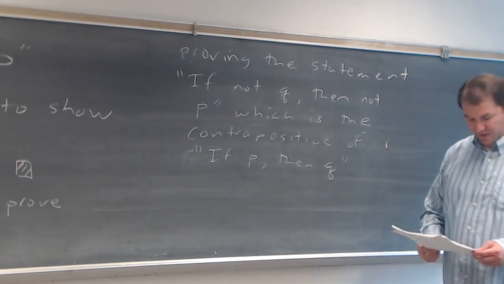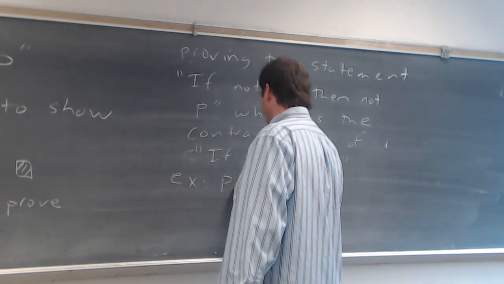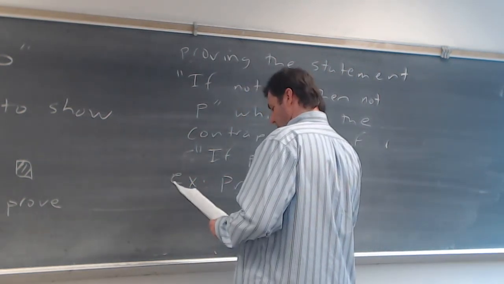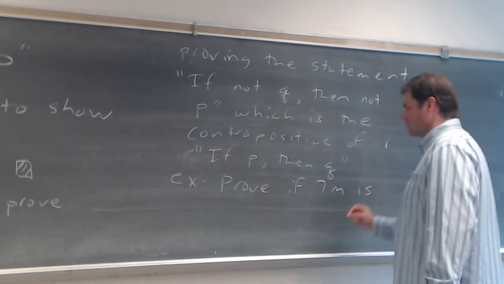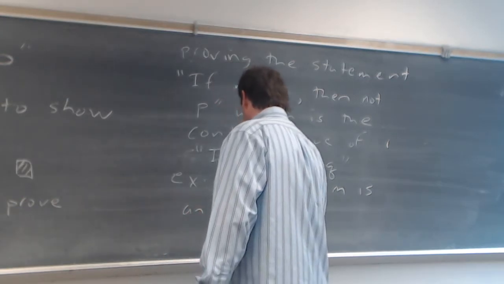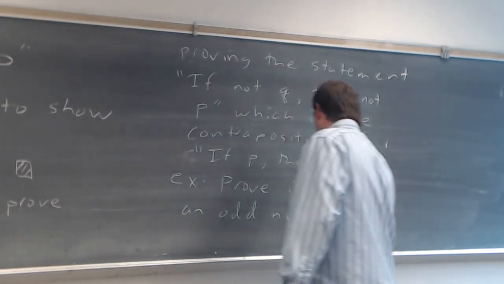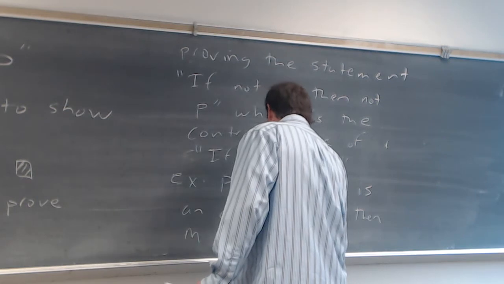Let's look at an example of that. Somebody might say, prove if 7 times M is an odd number, then M is an odd number.